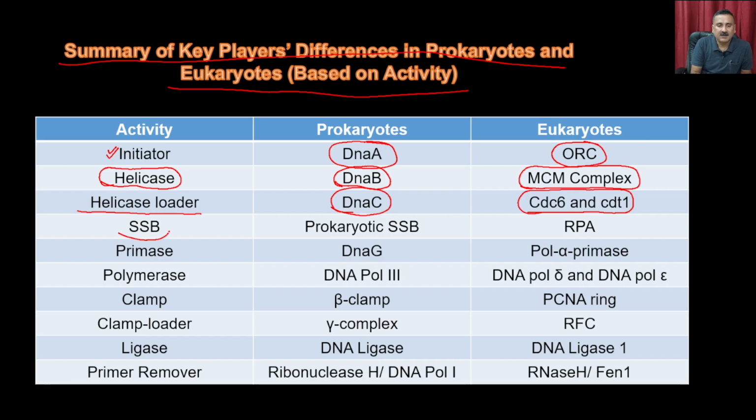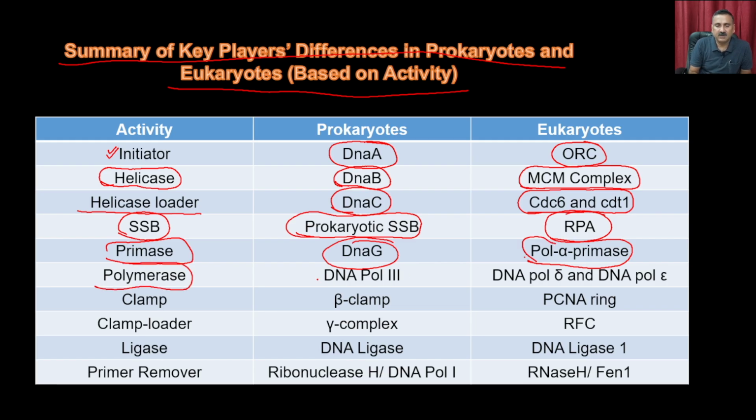Then the single stranded DNA binding proteins are SSBs in prokaryotes, whereas in eukaryotes it is RPA. Then we have the primase, which is DnaG in the prokaryotic system, whereas in the eukaryotic system you have the Pol alpha primase. And then we have the polymerase.